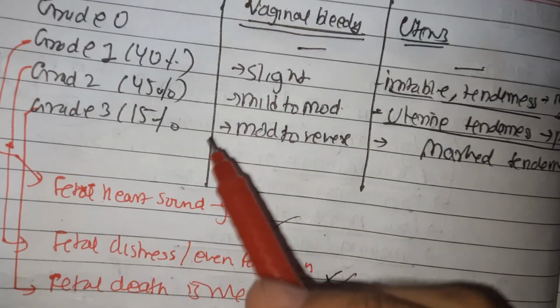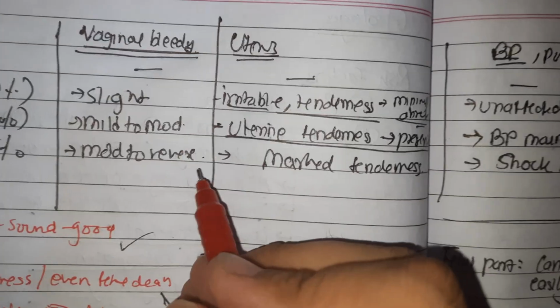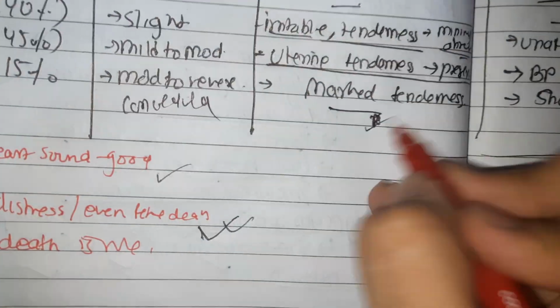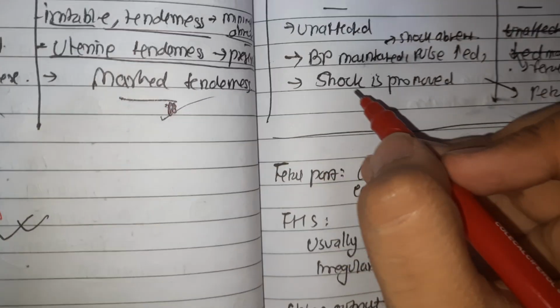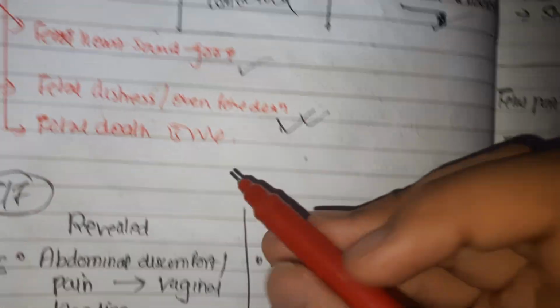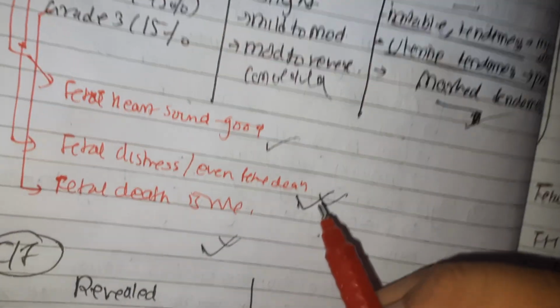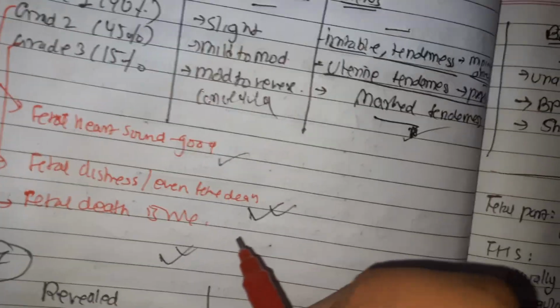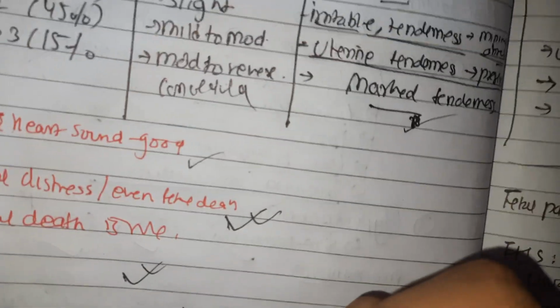In grade 3, 15% of the cases, there is moderate to severe bleeding, or it may be concealed, the uterine tenderness is marked, and the shock is very pronounced. Fetal death will inevitably occur, and associated coagulation defect or anuria may even complicate the matter.